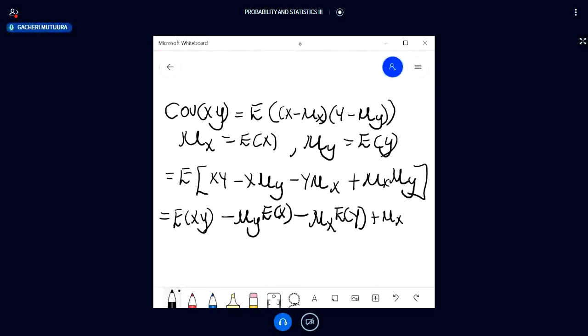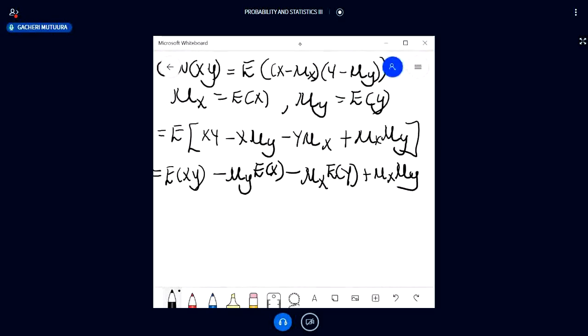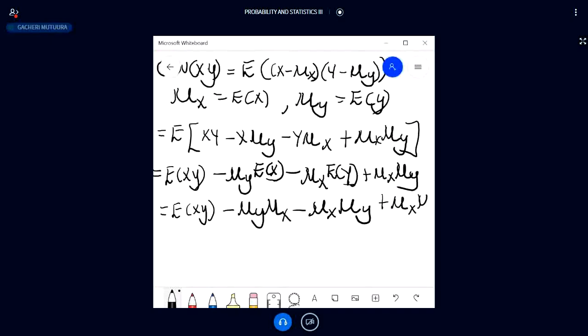Now from there, we know that mu x is the expected value of x and mu y is the expected value of y. So we can rewrite it in that format. We have the expected value of xy minus mu y times the expected value of x, which is mu x, so we replace that with mu x mu y, and then plus mu x mu y.